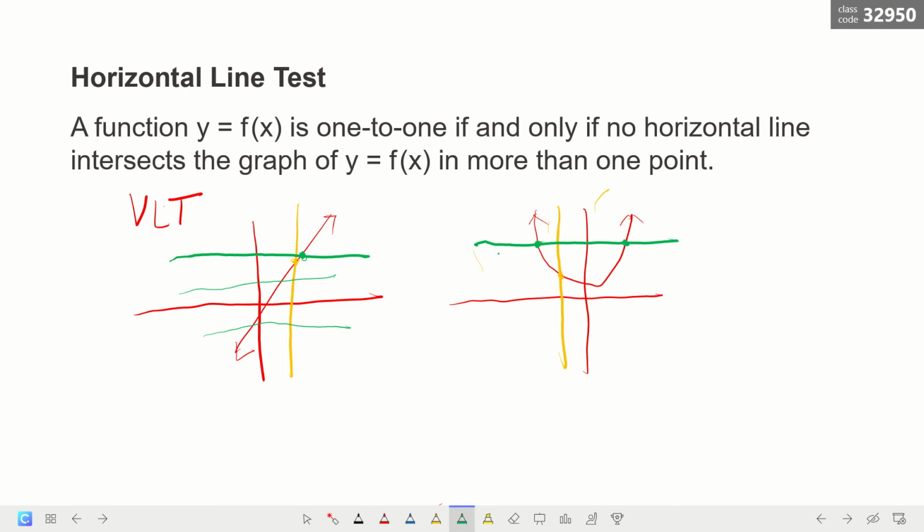So, therefore, this one is not a one-to-one function. Although it is a function, it is not one-to-one, because it has one y value that corresponds to 2 x's.